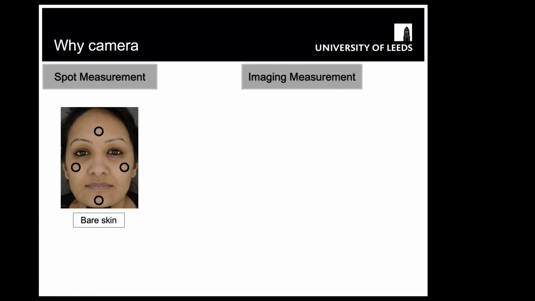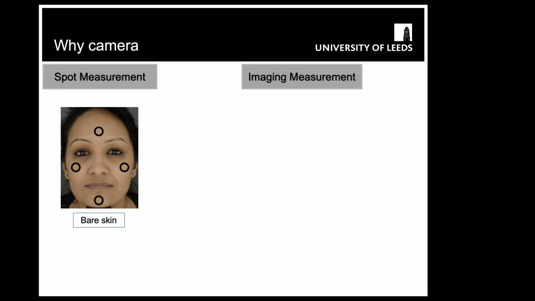For example, you can measure the forehead, the cheekbone, the chin, right? So if you use either a spectral photometer or a spectral radiometer, you can only measure limited points because you are not able to measure too many points on the human face, right?